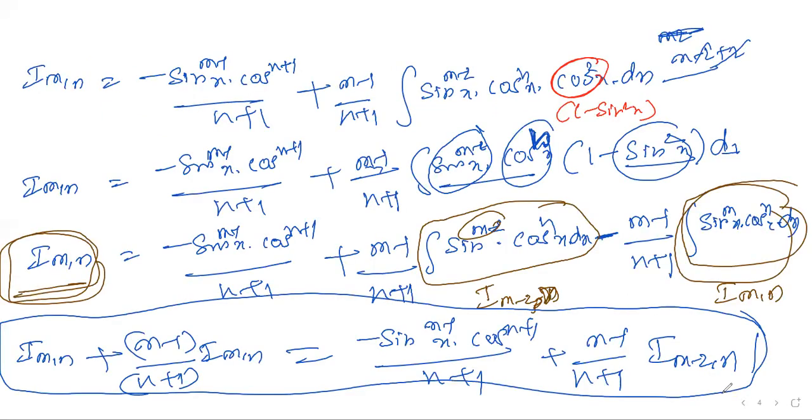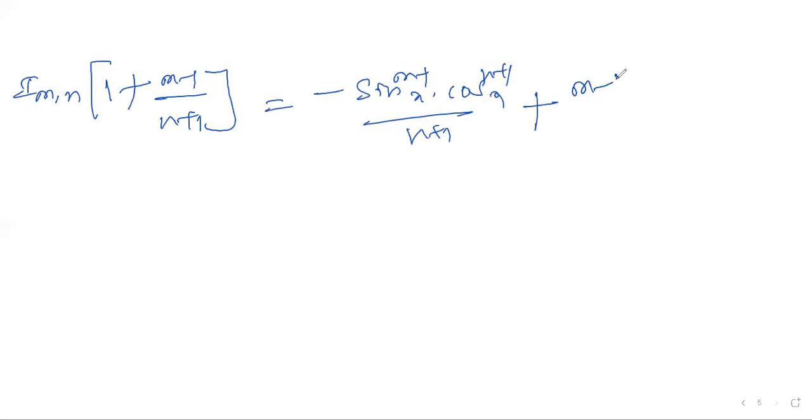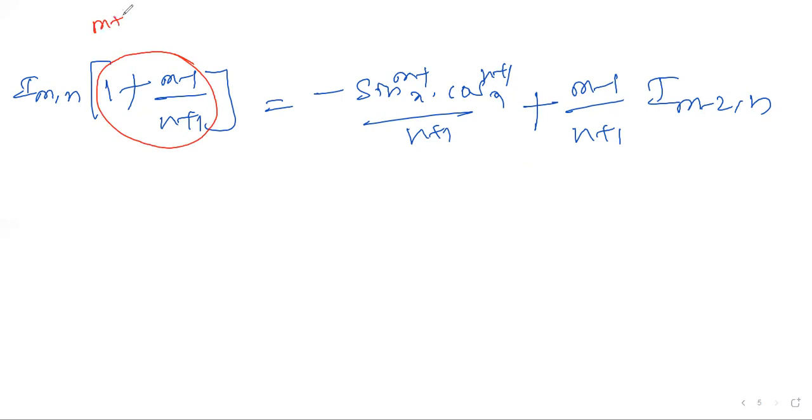It is plus (m minus 1) by (n plus 1) I(m minus 2, n). Still clear? So after the simplification, this value we are going to get, it is (m plus n) by (n plus 1) will come. I don't want to do the entire thing because you can do it yourself.